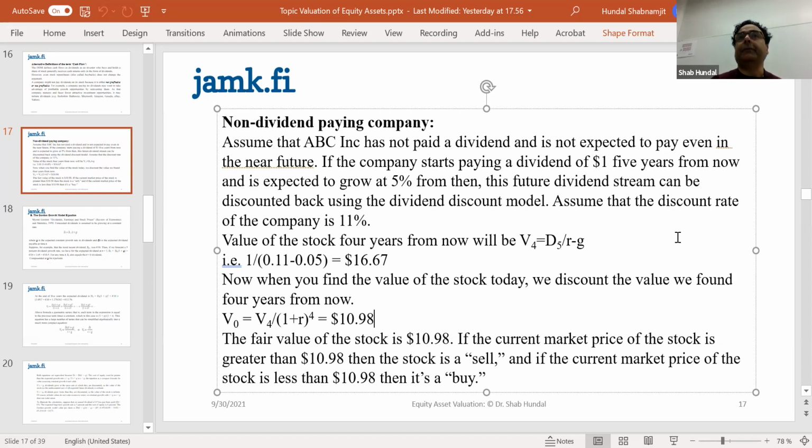Any problem you notice? So it's for the fourth year, but we're considering the dividend of the fifth year. No, but R minus G is used as the discount rate, so we are discounting it a year before. R minus G. What if G is more than R? Then the stock price would be negative.